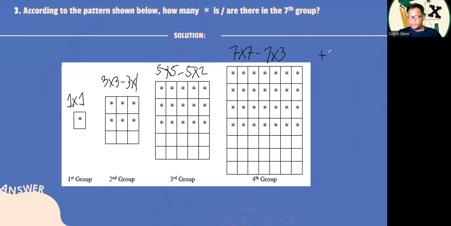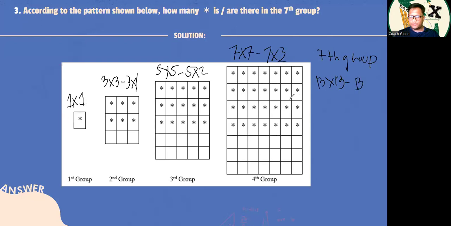So for the 7th group, that should be equal to 13 times 13, okay? Because you have 6 additional groups from 1, so that's 1 plus 6 times 2, so that's 13. Minus 13, okay?